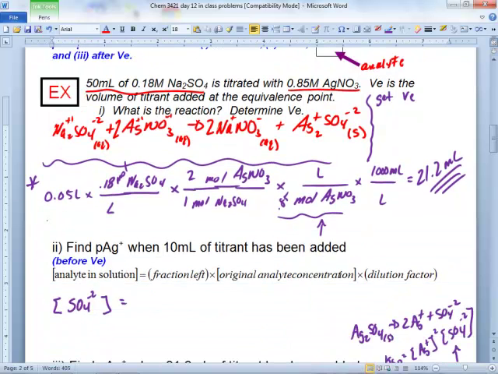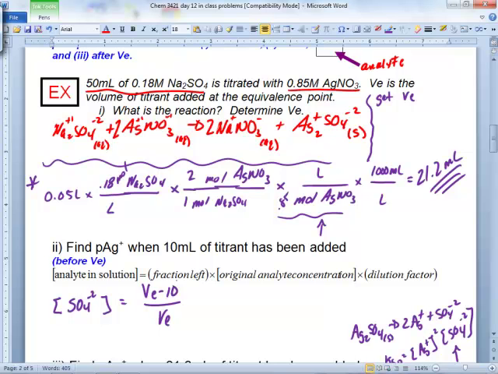So when you want to get the fraction, that's the denominator, VE. Are we halfway there? Are we all the way there? So the fraction left. Well, let me just show you, that might be easier. VE minus the 10.